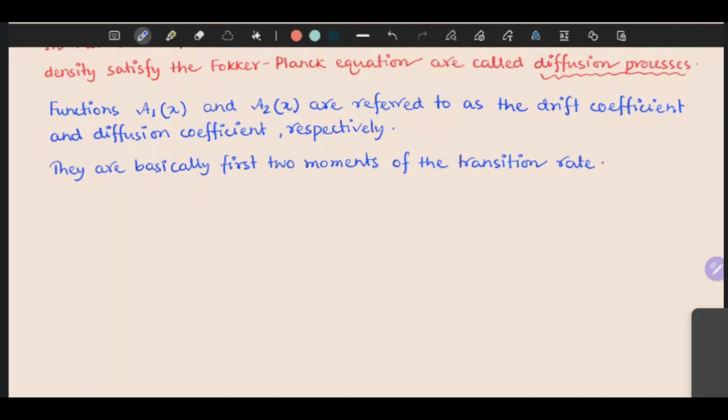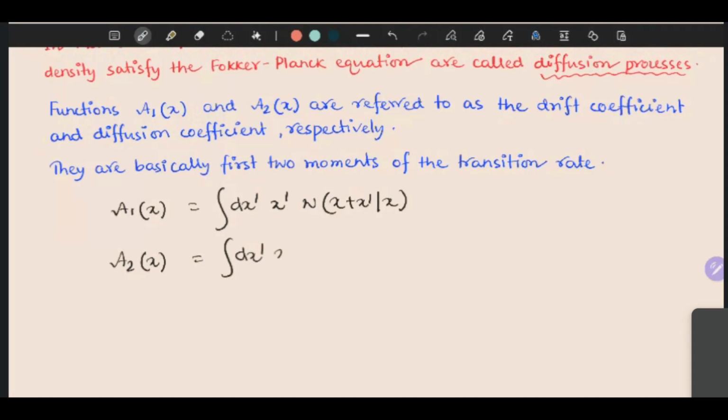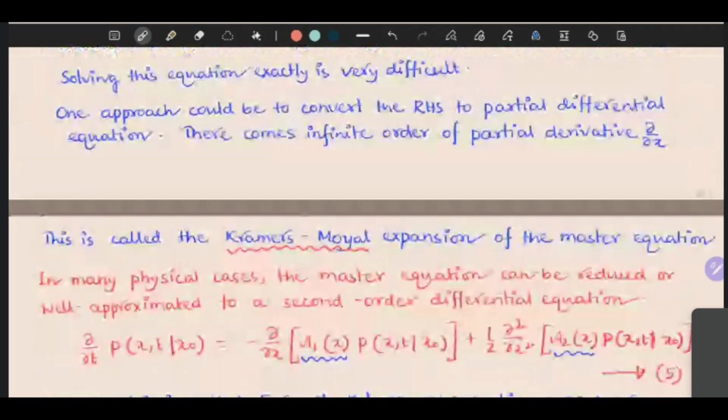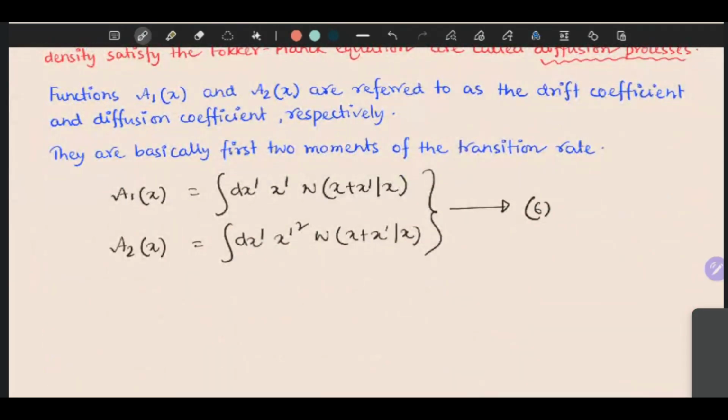The precise definitions: a1(x) is the integral dx prime x prime W(x plus x prime; x), and a2(x) is the integral dx prime x prime squared W(x plus x prime; x). So basically they are giving these moments. Let me call this equation number 6.